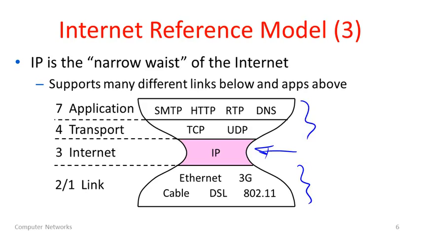And we can change any of those new link layer technologies or any of those new applications and transport protocols, and we would expect to be able to interoperate across all of these systems because we have a common layer in the middle. IP, the narrow waist of the internet, is providing connectivity between all of the diversity below and all of the diversity above. So this narrow waist using IP is at the heart of innovation in the internet.